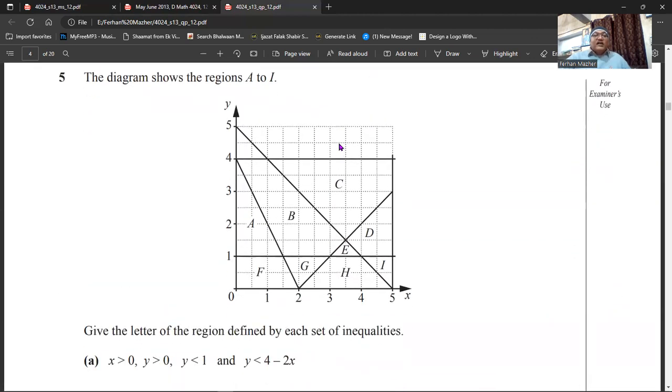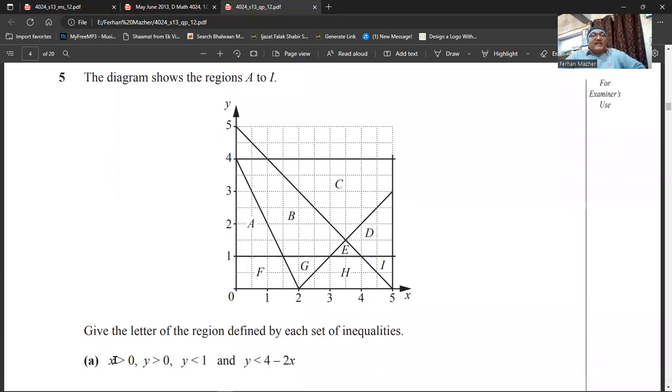The next question, a little tricky one. The diagram shows the regions A to I. Okay, so these are different regions. Give the letter of the region defined by each set of inequalities.